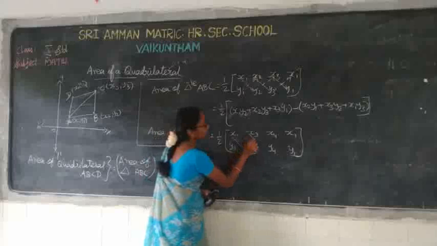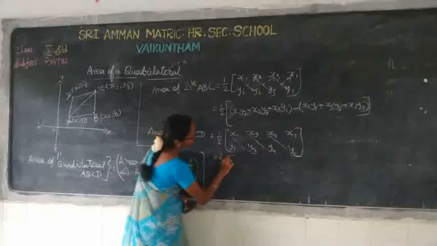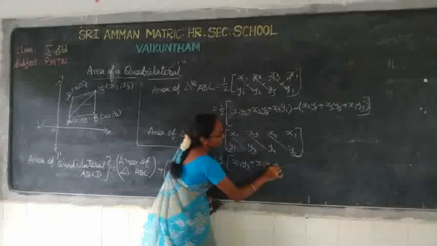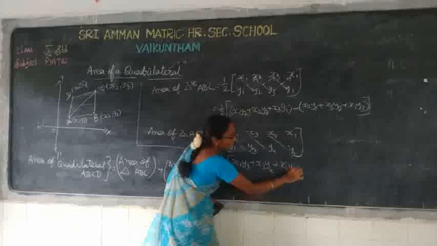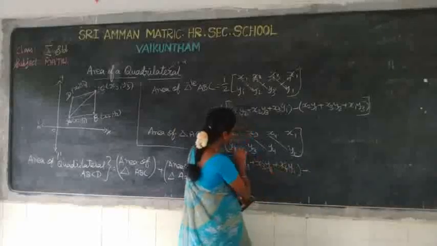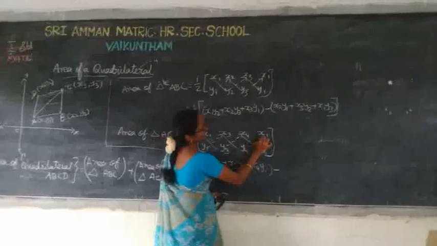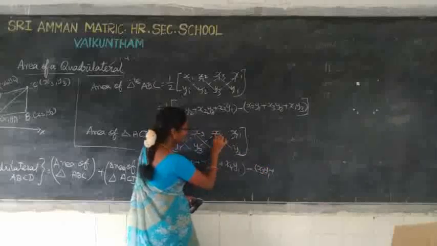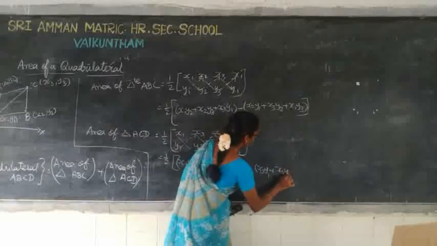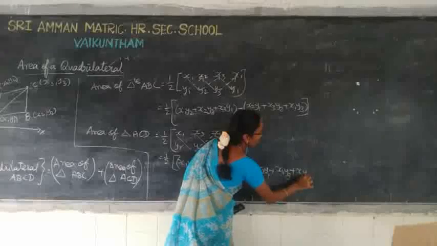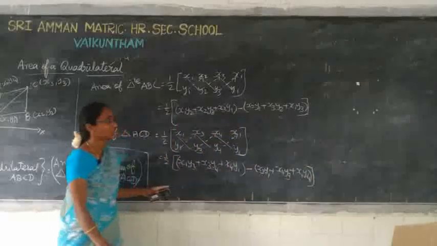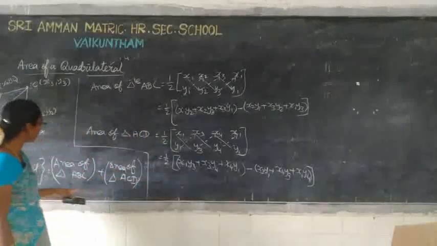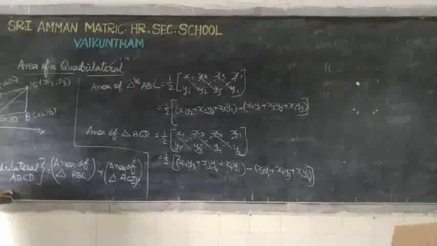So first down arrow, half into x1y3 plus x3y4 plus x4y1, minus up arrow x3y1 plus x4y3 plus x1y4. Now substitute these two values in the equation.